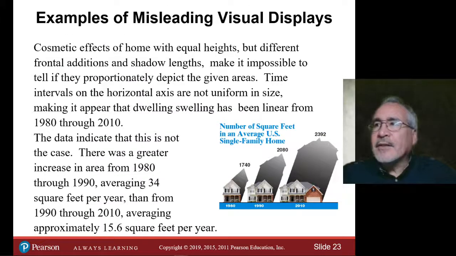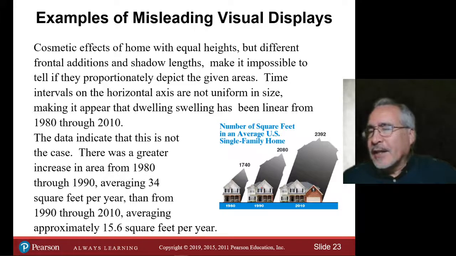Okay, and this will be our last one. We see this one, and again, you can read through here, but it shows the number of square feet in an average U.S. single-family house. Notice they're giving us a graphic that can be a little misleading. The house sizes themselves are changing. This one has a garage, these don't.